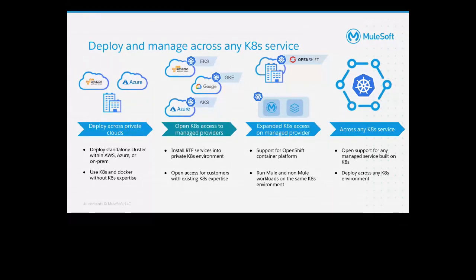So GKE is later this year, OpenShift is next year, and that means we will start supporting Runtime Fabric on the OpenShift container platform, and it will allow you to run Mule and non-Mule workloads on the same Kubernetes environment.